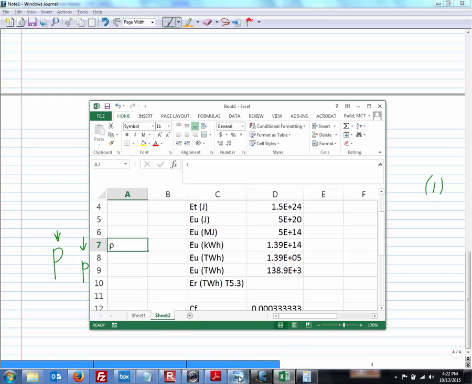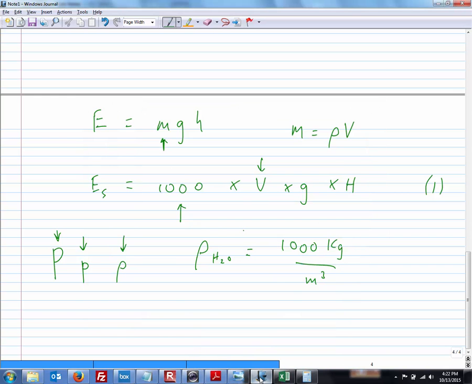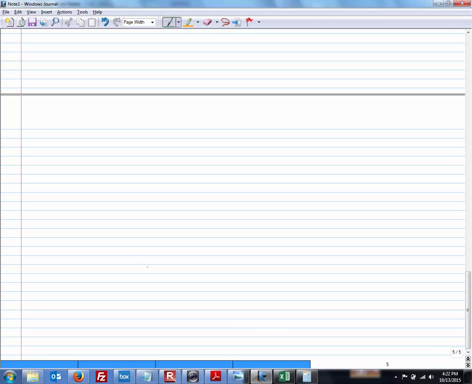Okay. So we talked about energy. Now let's dig into power a little bit. I mentioned this briefly before, but now we've got big P for power equals 1,000, and that's again your kilograms per meter cubed.